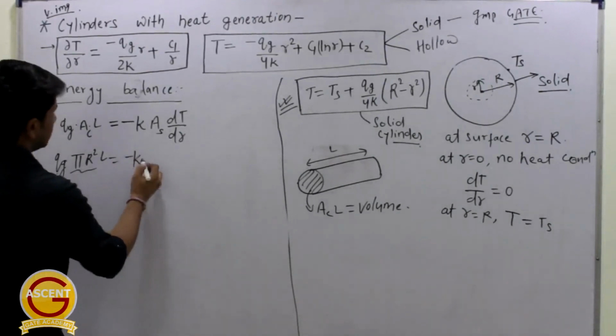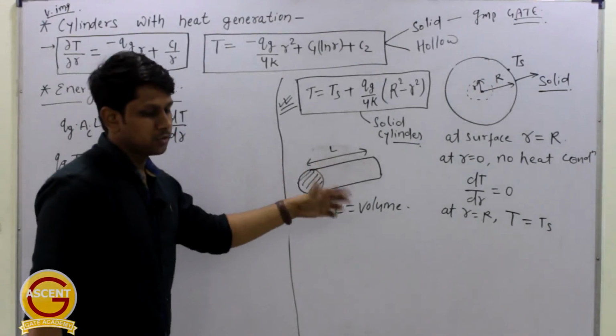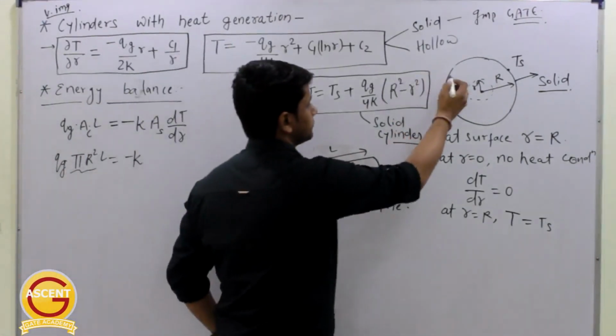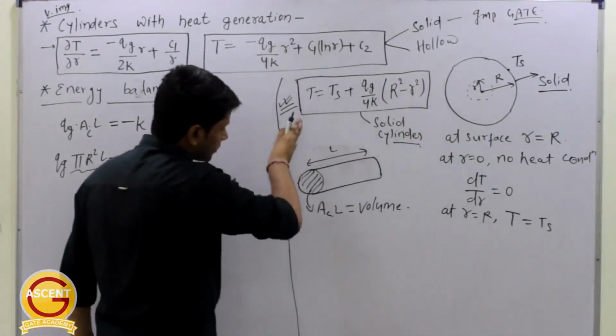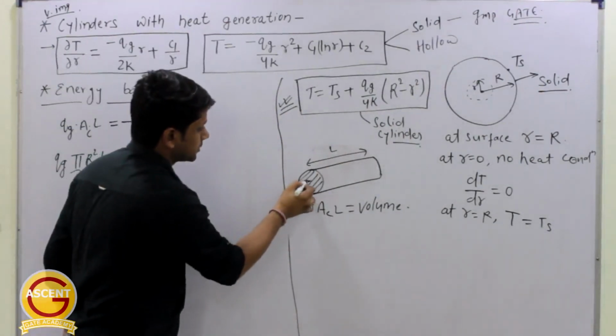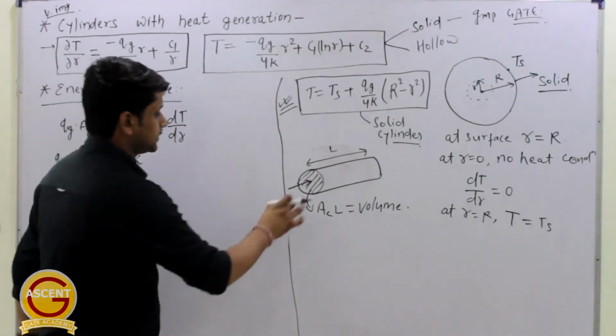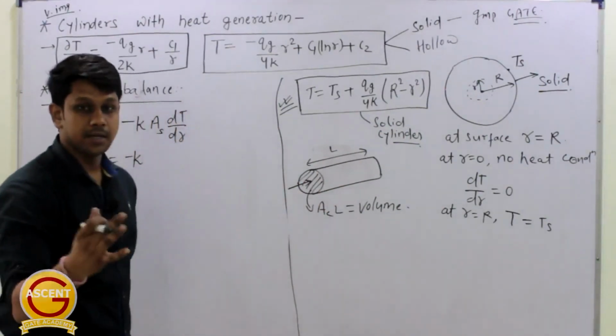So this is our cross sectional area. But the area of heat transfer, the area of conduction, so through which area is the conduction occurring? It is occurring from the surface of this cylinder, right? It is not occurring in this direction. If it was occurring in this direction, we would consider this a plane slab, not a cylinder, right?